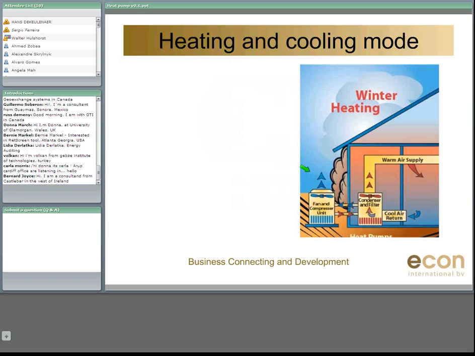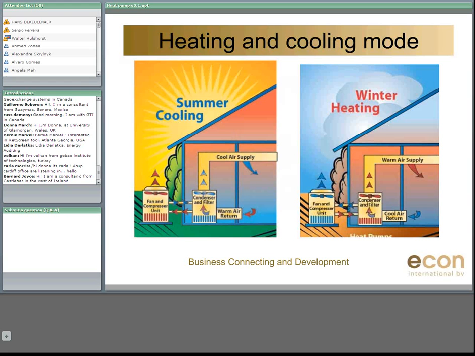You can compress it, and then you have some hot air in your house. And in the summertime, you can use it for cooling. In a similar way, you collect the high temperature from the inside and move it to the outside, and you can have the cold area inside. So basically, you can use your heat pump in 2 modes.